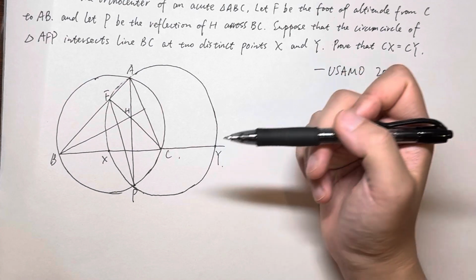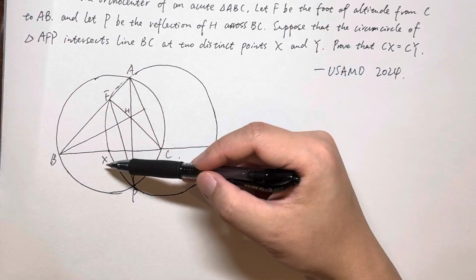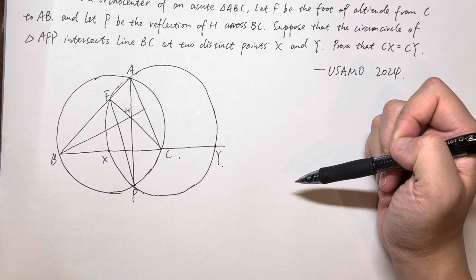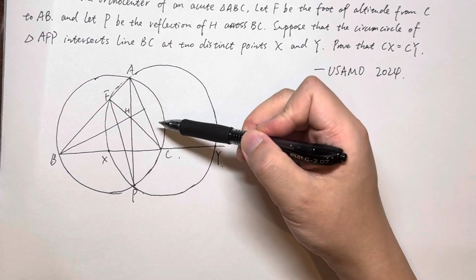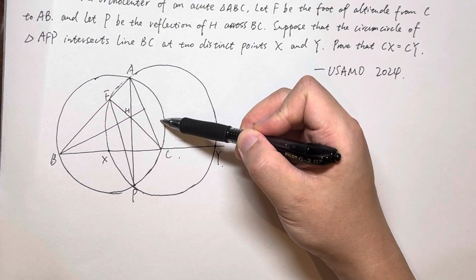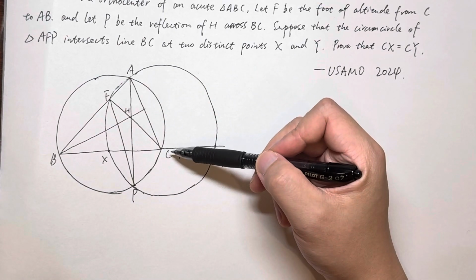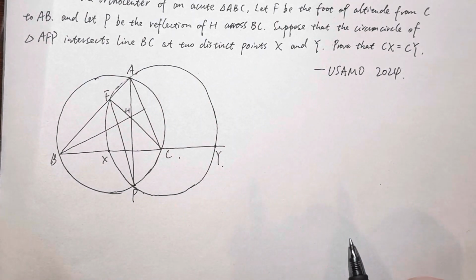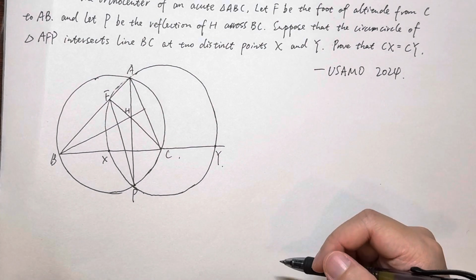Then we can directly prove that CX equals CY, right? But just think about this O prime, it's kind of unrelated to the other points, which means this is not a good method. Then what else do we have?